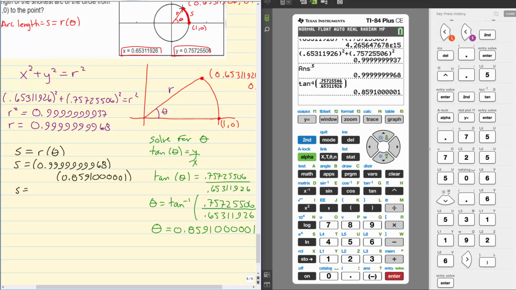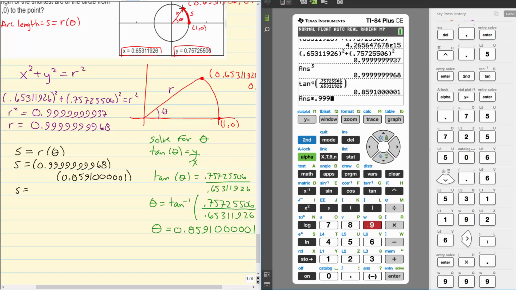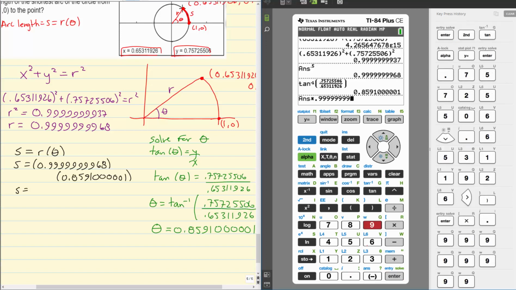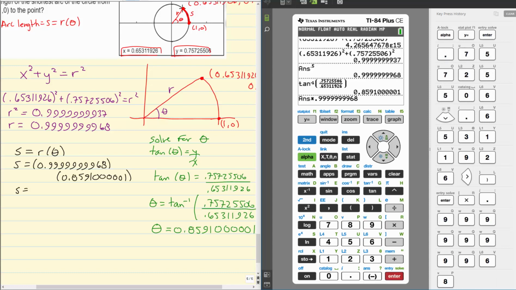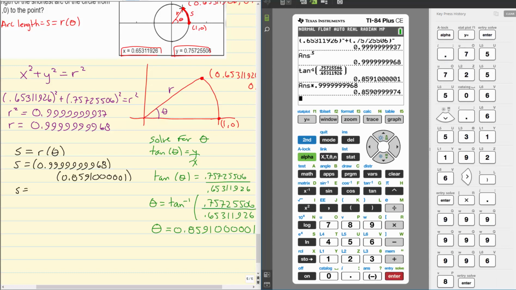So I'm going to take that answer that you see right here, the 0.859, and multiply that by 0.68. And so my arc length then would be the 0.859, etc. 999,974, and of course you would round that appropriately from there, but that's my arc length.